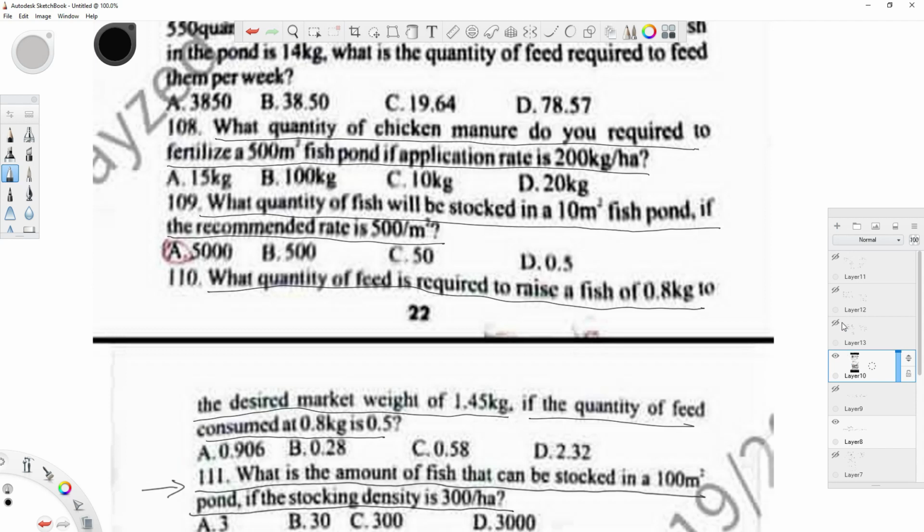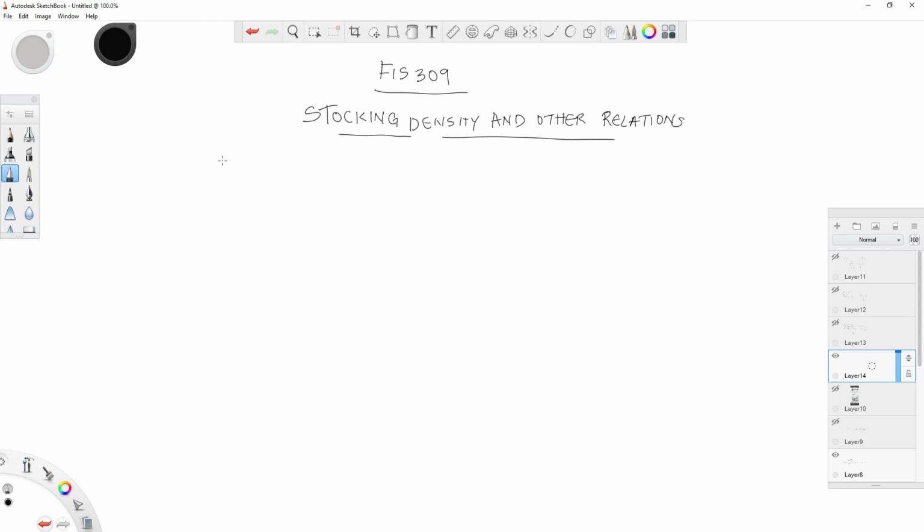So the weight, this is the initial weight, which is 0.8, but we want to bring it to the desired market weight, 1.45 kg, isn't it? But at this point it consumes 0.5 kg feed. Now it's just simply relation.